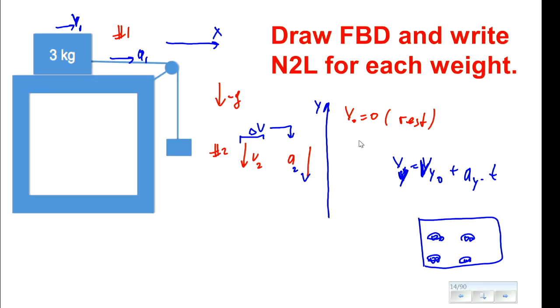Every object connected by unstretchable strings travels the same distance over the same time, so they always have the same magnitudes of velocity.